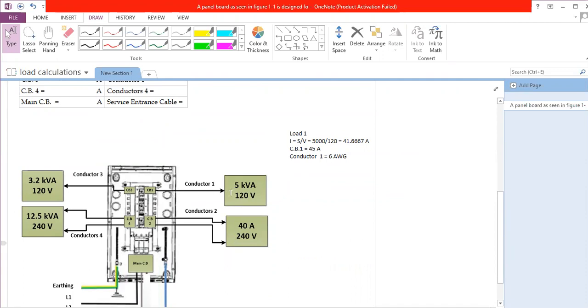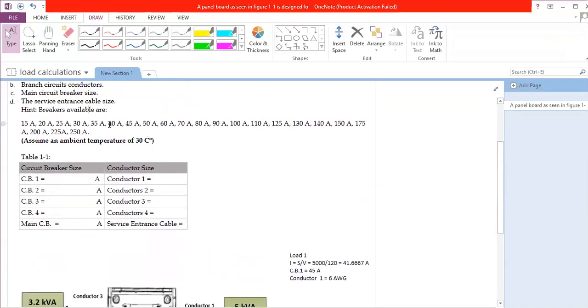So again, I'm going to repeat this very quickly. Load number 1 is 5 kilovolt ampere, the voltage is 120, so 5,000 over 120. This load is going to draw 41 ampere. I'm going to choose between 40 and 45, and I choose the bigger, 45, because I cannot go with 40 when it is 41. So it's going to be 45 ampere.